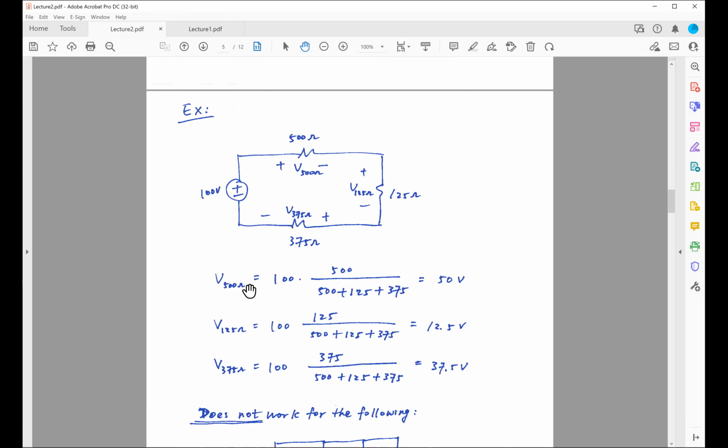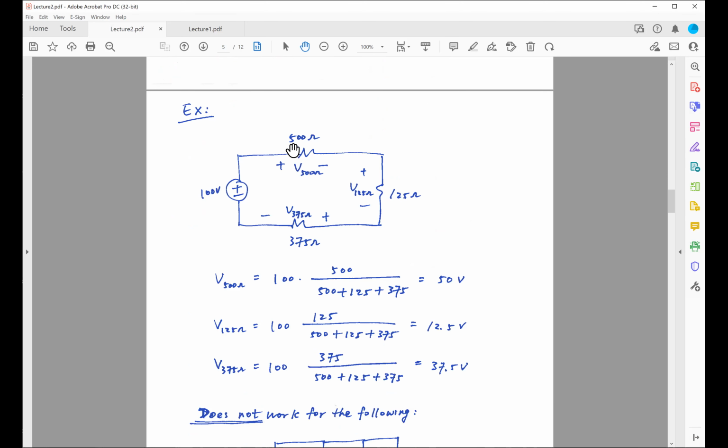Specifically, if I want to find V500, which is the voltage drop across this 500 ohm resistor, all I have to do is take this voltage source, put it over here, and multiply by the ratio of the resistor associated with the voltage of interest, which is 500 ohm, divided by the sum of all the resistors.